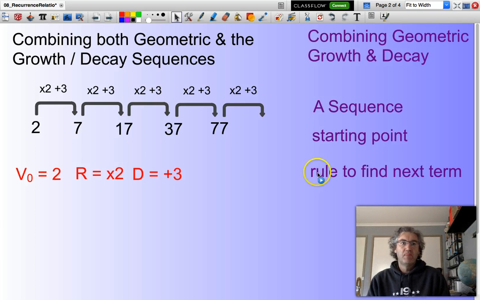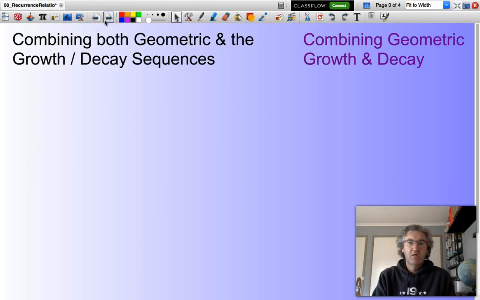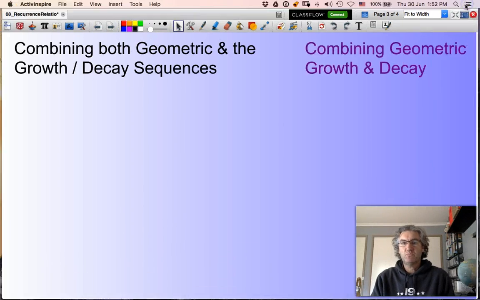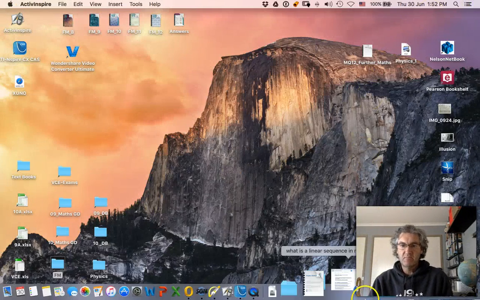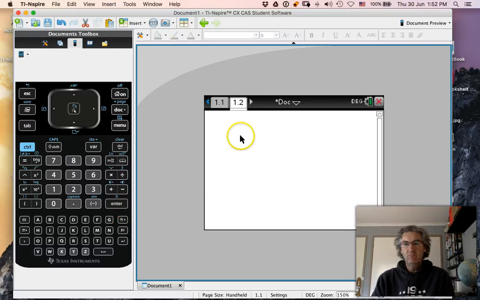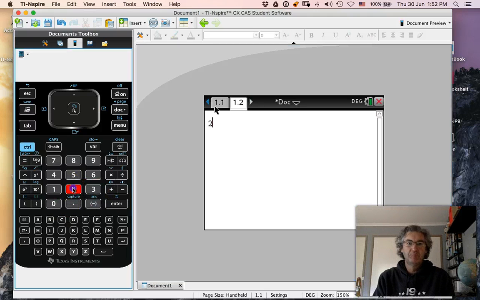So this is much simpler to do on the calculator. So I will just go and bring up my calculator. Here we go. So what I need to do is take my 2, enter.